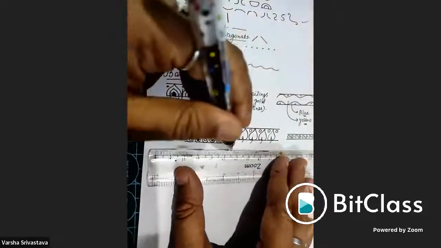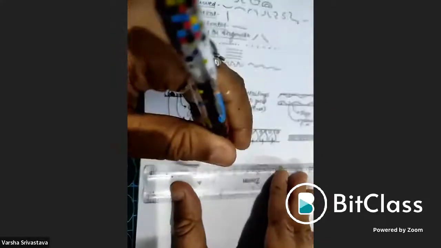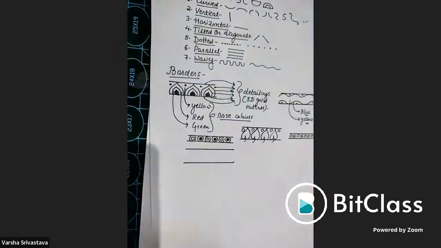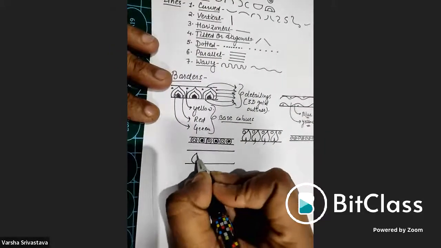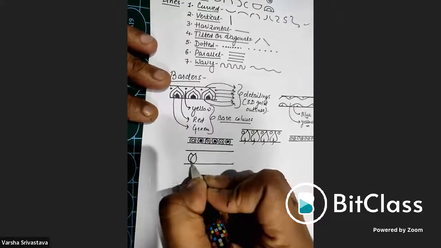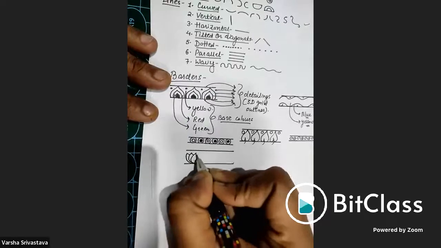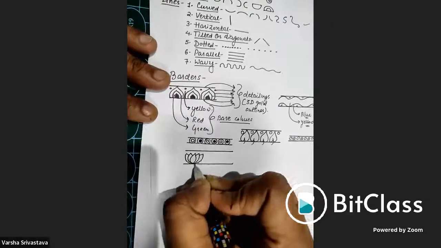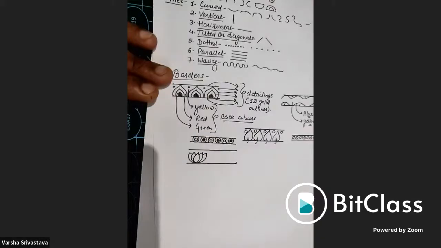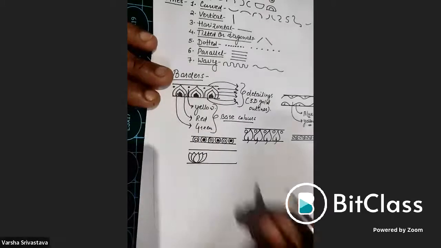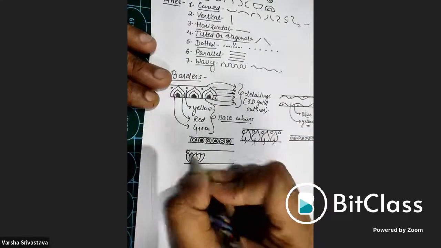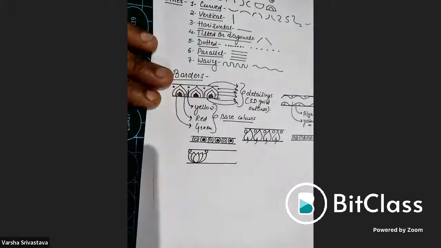Okay, another medium size border with the lotus in it. We will be making the lotus in this. So jaldi se we will be making the lotus like this and two petals each side. Mute please. Okay. Making the lotus, I'm making the spiral like this.